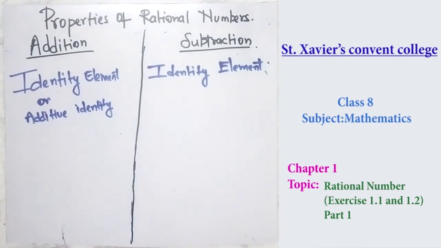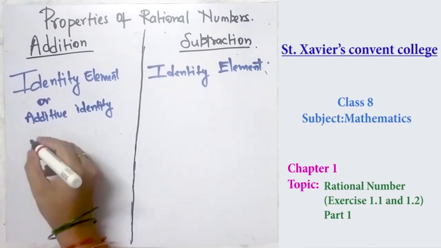So whenever you are going to add 0 to any rational number, you will get again the rational number, and it does not change any value in your rational number. It means 0 is an additive identity or an identity element in both addition and subtraction.